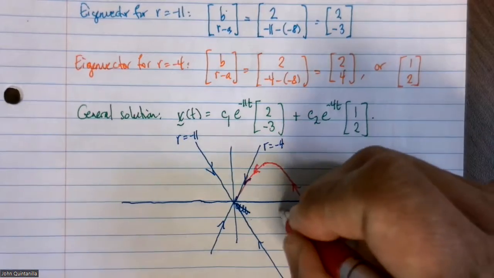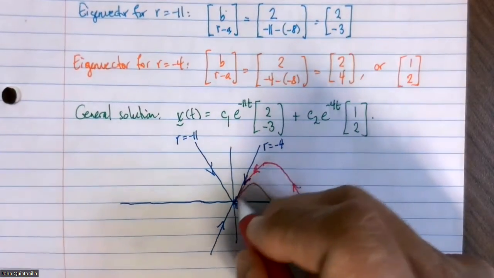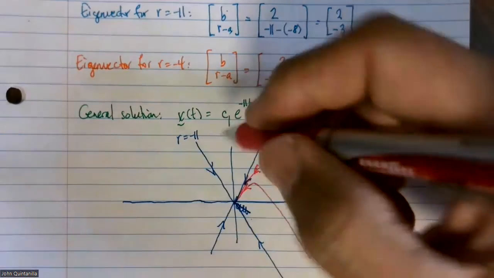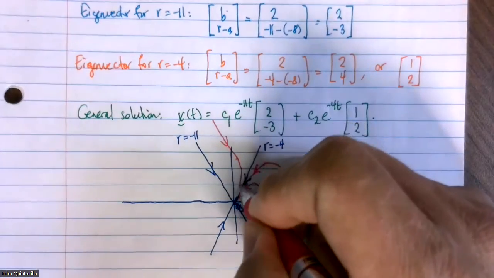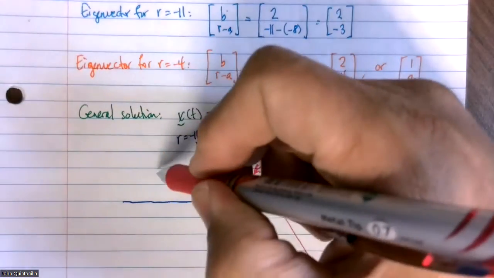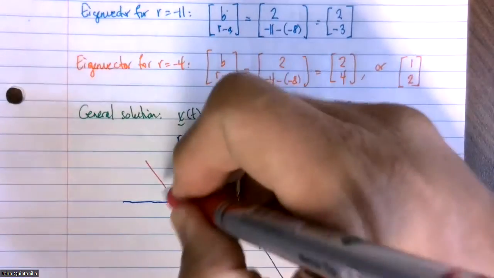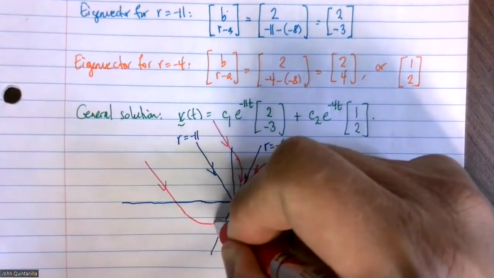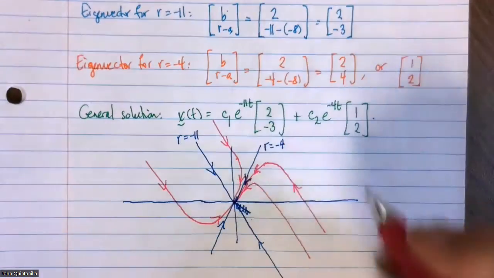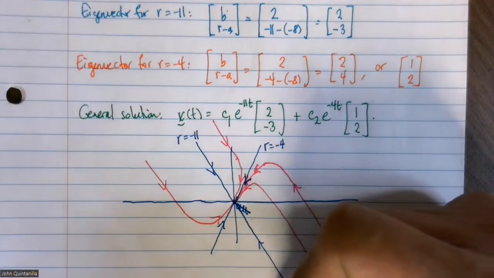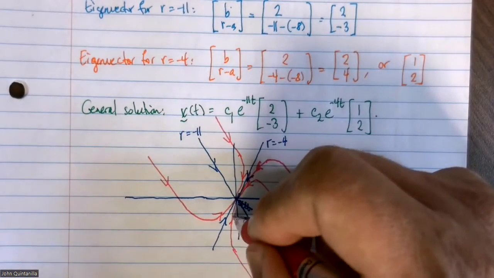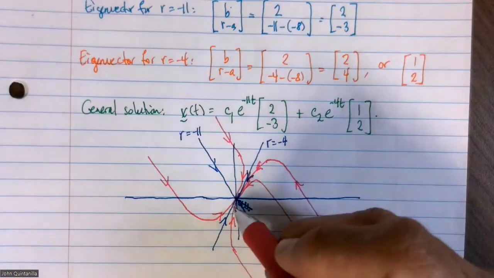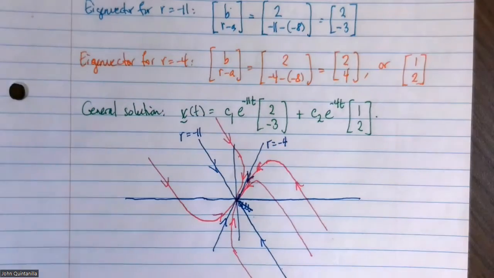Another one might be like this, where it starts like this, then turns into the origin. For something out here, it would come along this direction, and then turn into the origin. Likewise out here, it'd be parallel to the far side, and then turn into the origin. And then out here, again, parallel to this eigenvector, and then turn in along this eigenvector to the origin. So those are some sample trajectories.